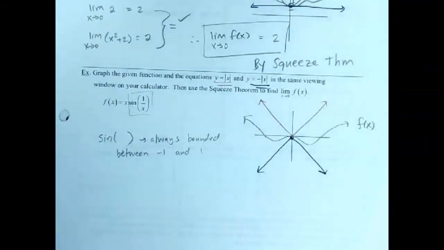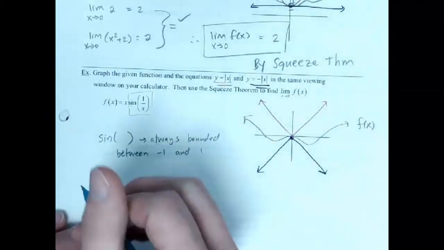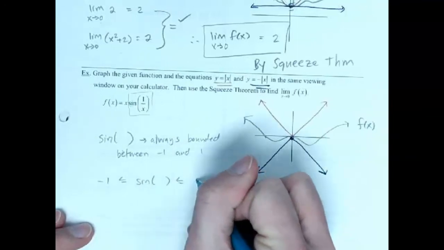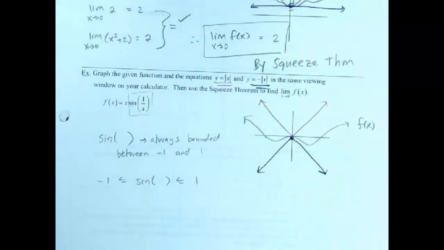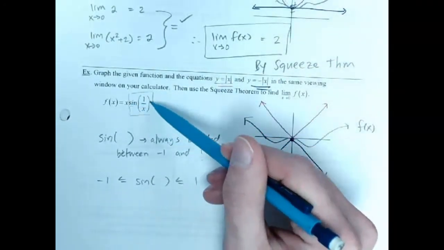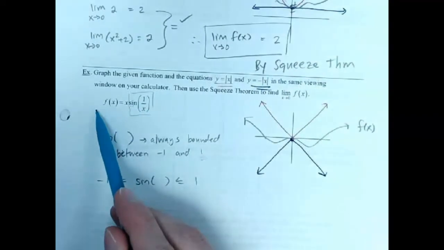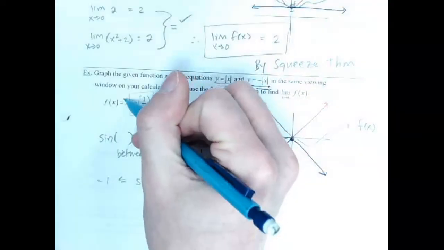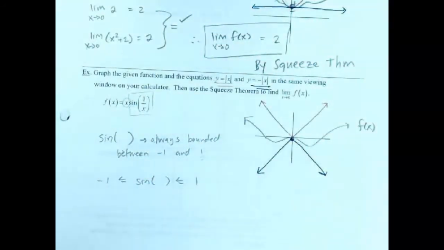So now let's think about the worst case scenario. Let's write this inequality. Let's assume it's as big as possible, so let's assume 1. If this part is 1, the biggest that the f function could be overall, since we have multiplication, I've got the x chunk, and then I've got the sine chunk.